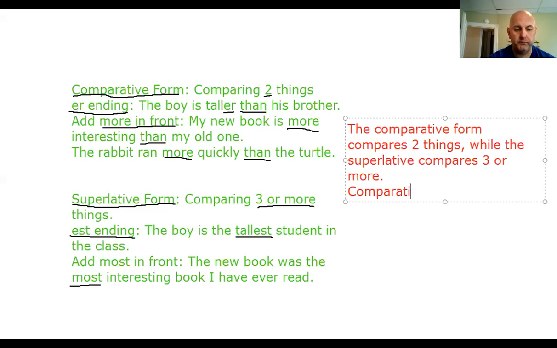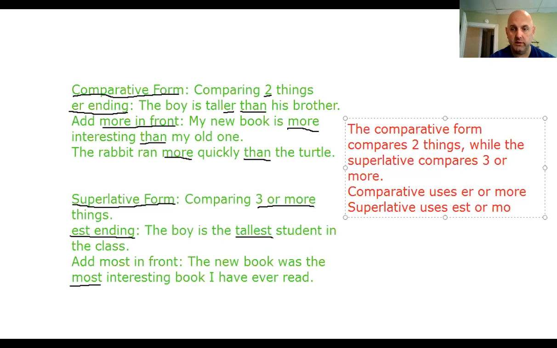Comparative uses ER or more. Superlative uses EST or most.